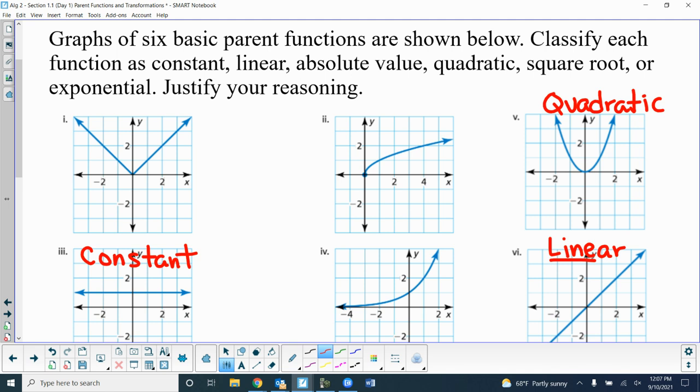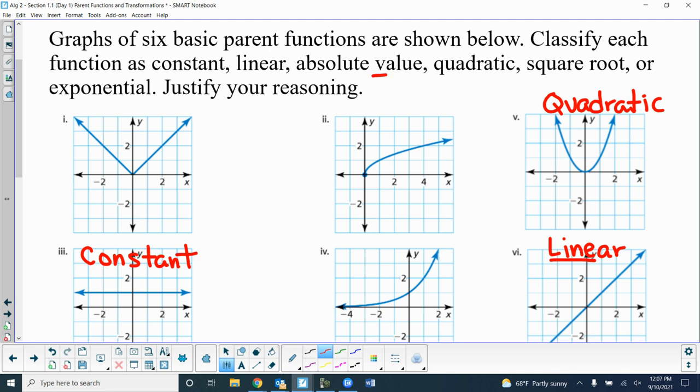But that's the parent function. That's the basic one we look at when we talk about a linear function. The one that goes through the origin, (0, 0). What's the slope? 1 over 1. Good. All right.